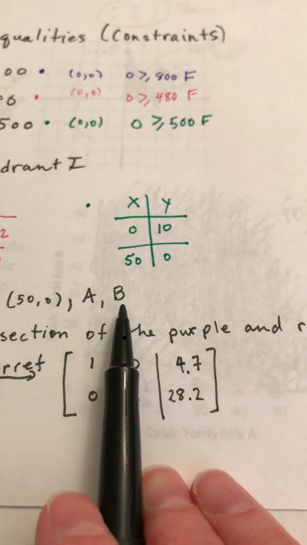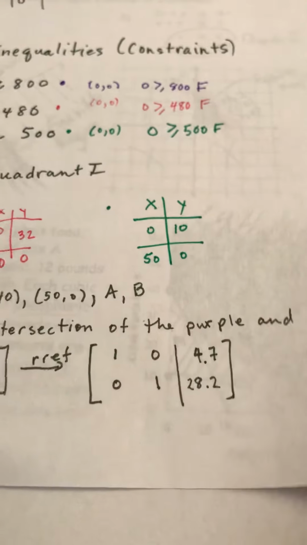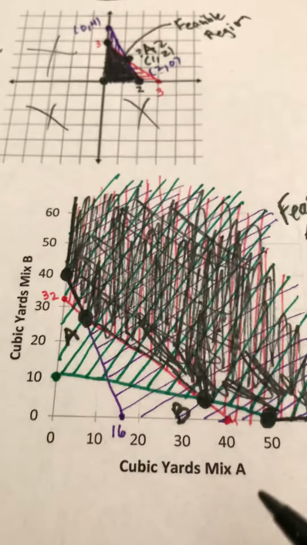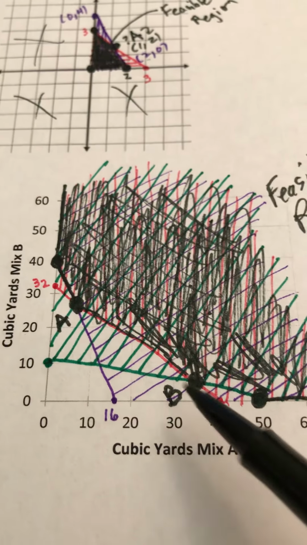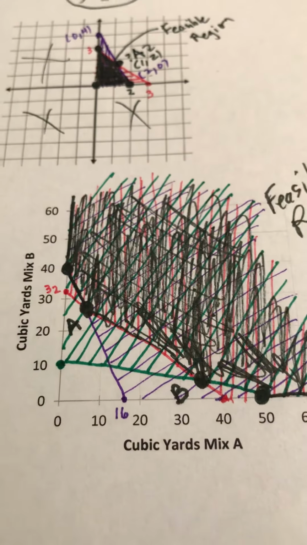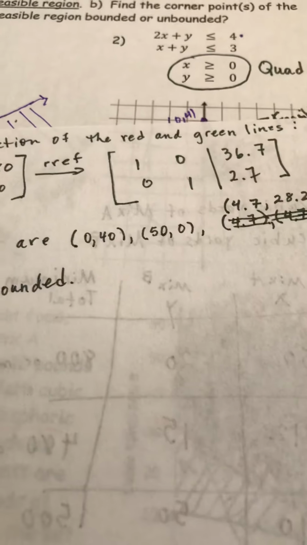Now point B, can you tell me which 2 lines intersect to form point B? The red line and the green line. So I'll turn this over. You'll see that point B is the intersection of the red and green lines.